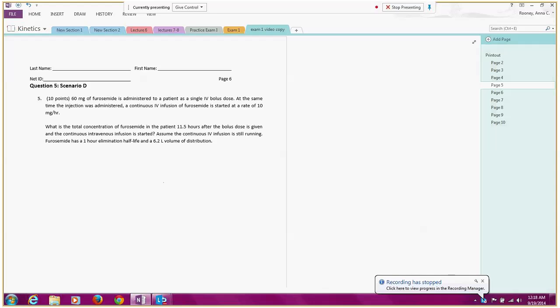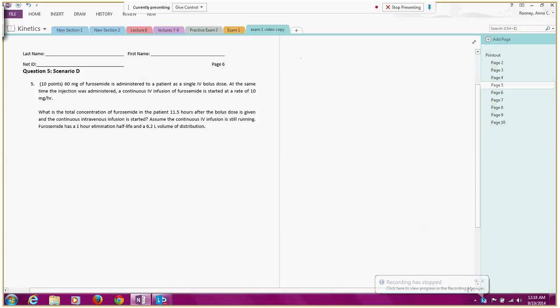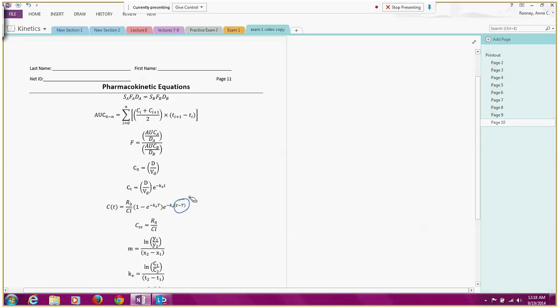So first off, what equations are we going to use? Well, we have a concentration IV that we're trying to find, and we have a concentration loading dose that we're trying to find. So we're going to use two equations.